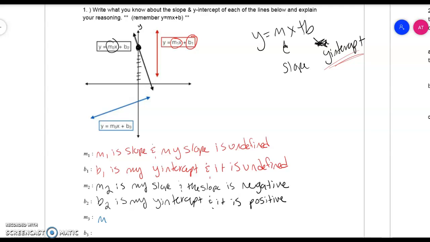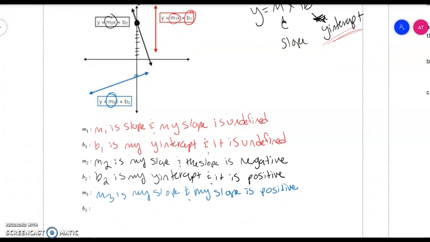So again, M3 is my slope. Okay, and my slope, is it positive or negative? Is it increasing or decreasing from left to right, or is it a straight line? Well, it's increasing from left to right, so my slope is positive. Okay, but my y-intercept hits right here. Is that in the positive or negative numbers?